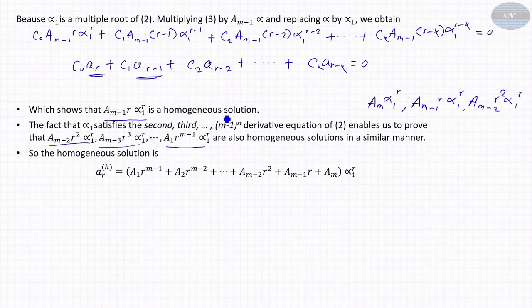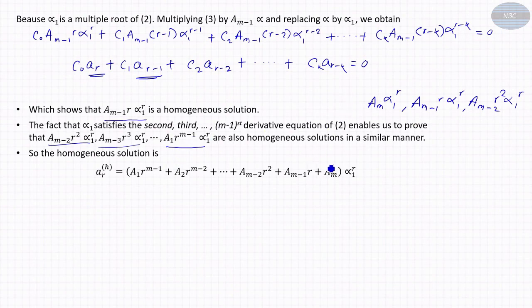And so on. When we find the sum of these, the sum of all the solutions is also a solution of the recurrence relation. So the homogeneous solution a_r^(h) is equal to the sum of all the solutions. a1 r to the power m minus 1, this term is written in reverse order.